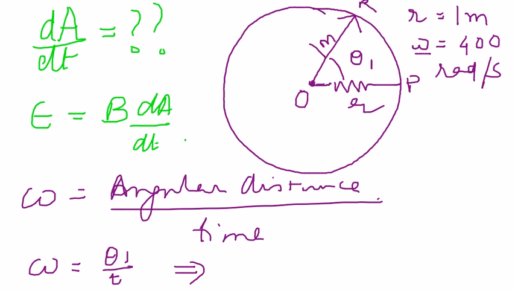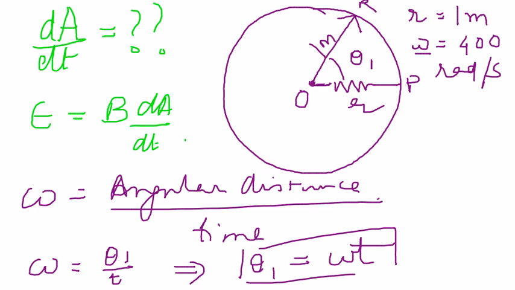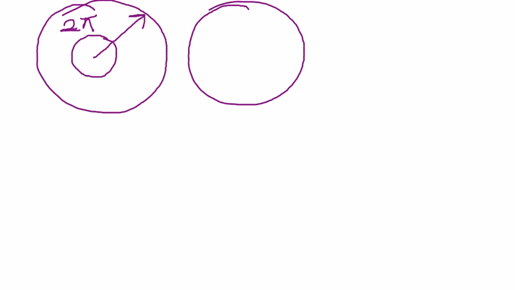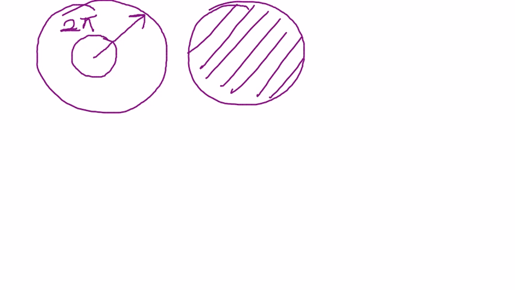This gives us theta 1 is equal to omega t. So theta 1, the angle covered by the rod in time t seconds, is given by omega t. Now, in case the rod had covered the full 2 pi, the area swept by the rod would have been pi r square.